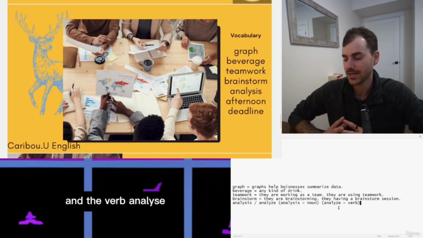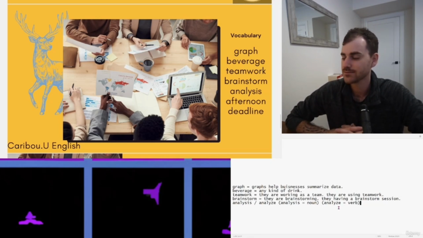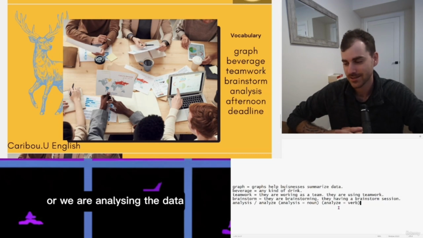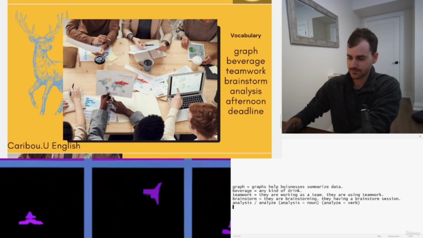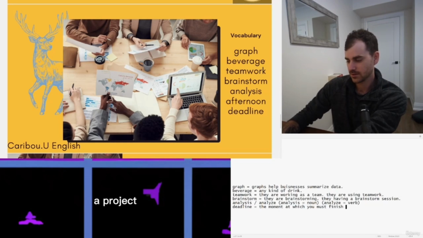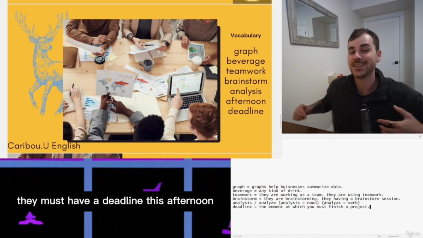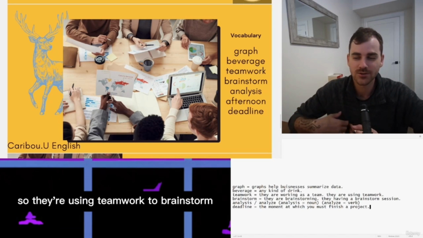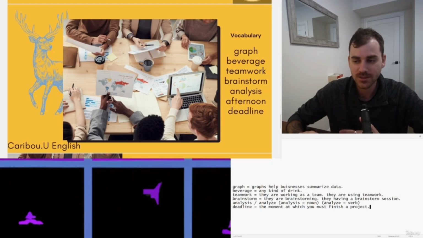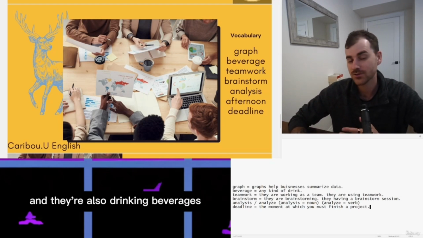In the verb analyze, you could say, they are analyzing the graphs, or we are analyzing the data. Deadline. The moment at which you must finish a project. So I think in this picture, they must have a deadline this afternoon. So they're using teamwork to brainstorm, and they're using graphs to complete analysis, and they're also drinking beverages.